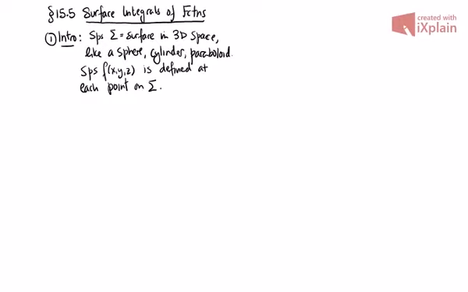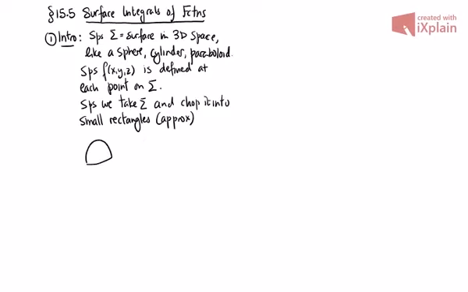But let's approach this a little bit differently. Suppose then we take sigma and we're going to chop it into small rectangles, approximately. I say approximately because if sigma is curved, you can't chop it into actual rectangles, but you can approximate it by rectangles.